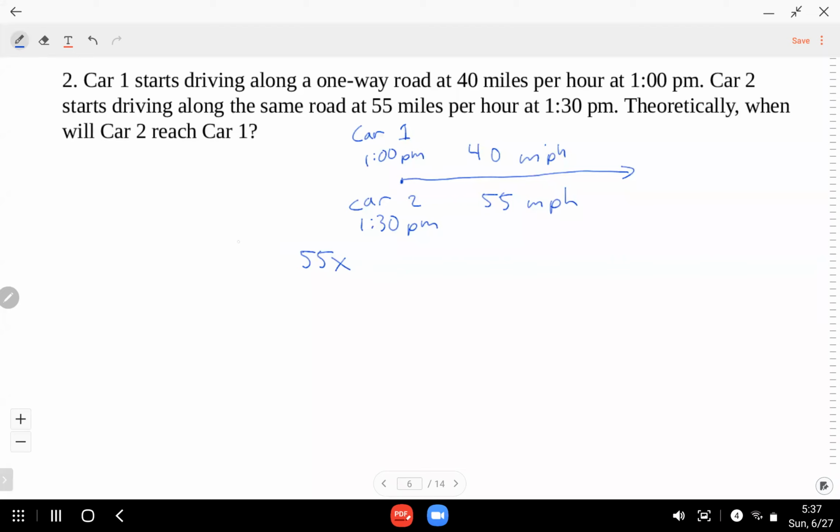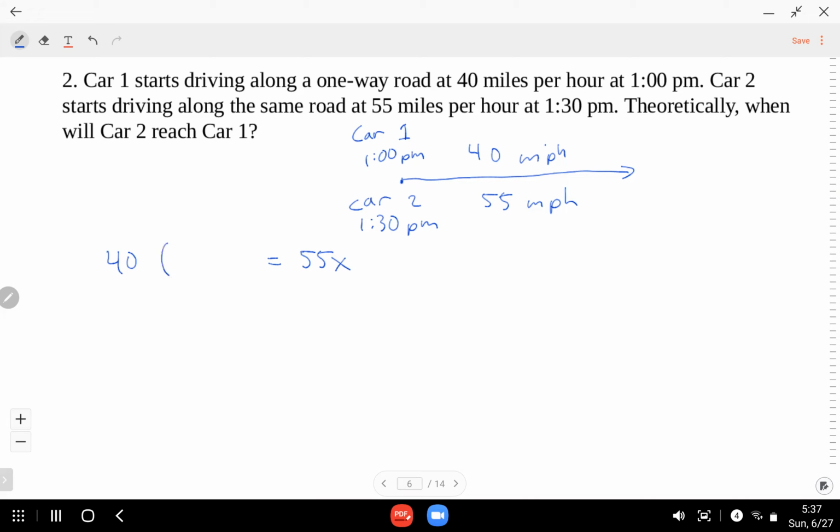Okay. So on the other side, we have 40 times something, right? We have 40 because car 1 is driving 40 miles per hour. And we need to figure out when the distance is equal. But there's a catch. Okay.